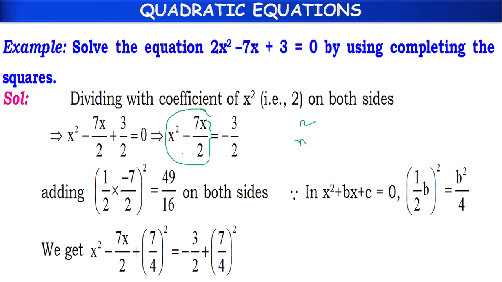Suppose we write in the form of a square plus 2ab plus b square. So how can we write it?